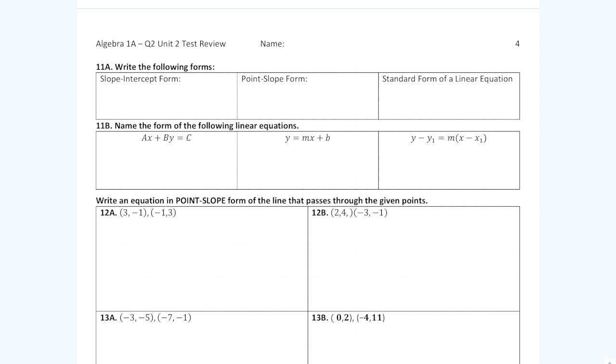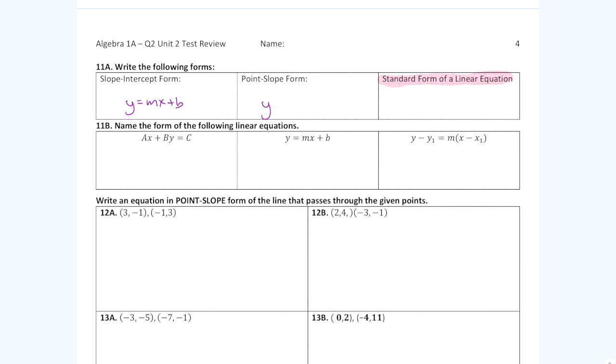Now these are formulas you need to know. These will be very helpful to know on the test. Standard form is not too big, but since I wanted you to know slope-intercept, and point-slope, I figured to give you an opportunity to get an extra easy point, going over standard form would be important, something I can add on there too. So slope-intercept form, we've already gone through a bunch of times. y equals mx plus b.